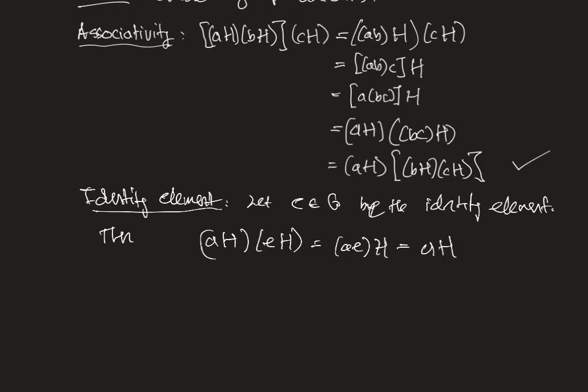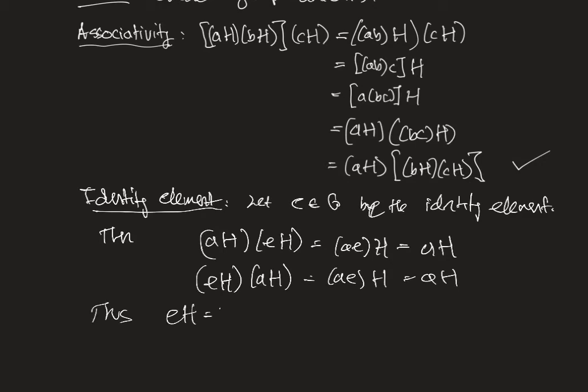So it seems to work on the right-hand side. And if we do it in reverse order, we get a similar computation: eaH equals aH. Thus, eH, which is just the subgroup H, is the identity element for G mod H.